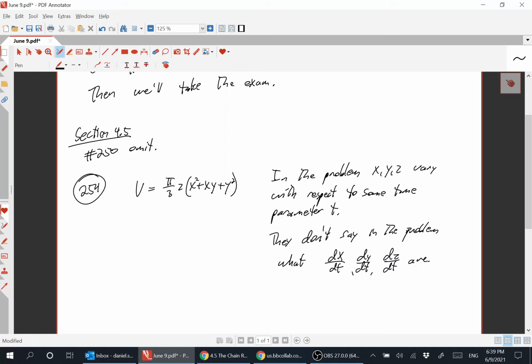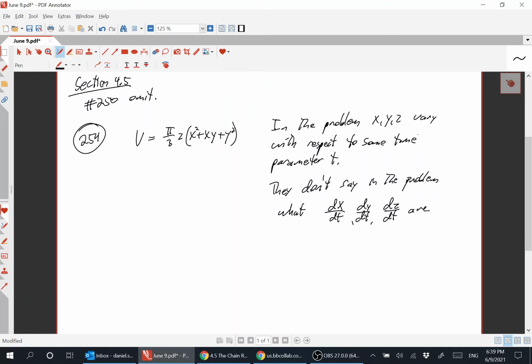Okay, so just for the sake of argument, let's say, for example, that dx/dt is equal to dy/dt is equal to half an inch a minute.